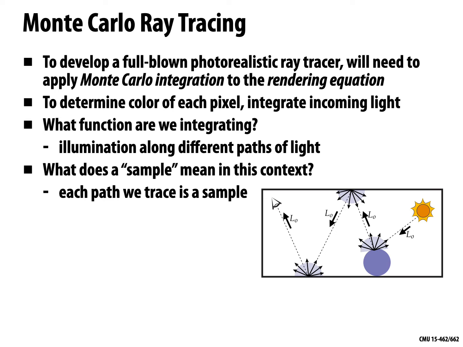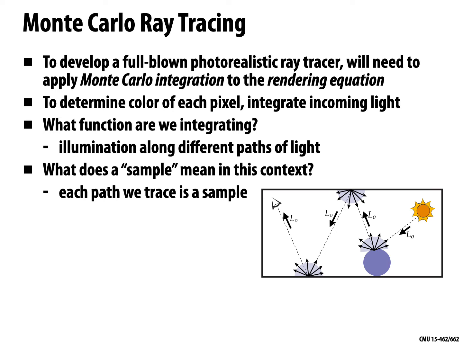So to develop a full-blown realistic renderer, we will need to apply Monte Carlo integration, this technique we learned about last time, to the recursive rendering equation. The basic task is for each pixel of our image, we want to integrate all the incoming light.